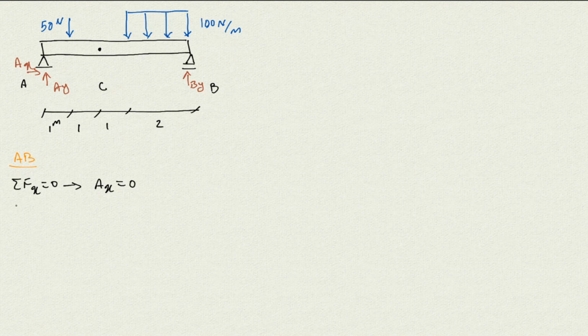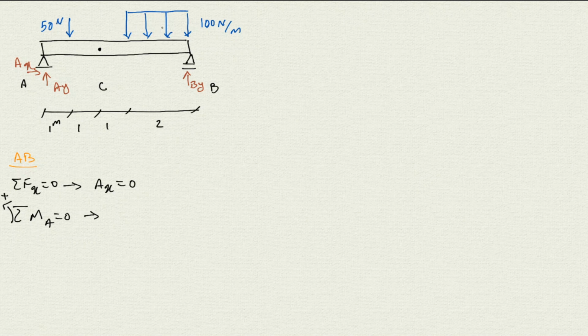So if I go ahead and write sigma M about point A is 0, and as always we consider the counterclockwise positive. Then the forces I would have here, now let's put that resultant force there so we can use it.